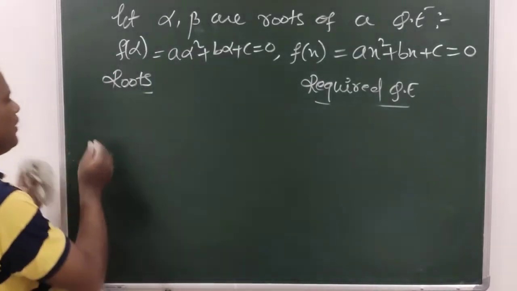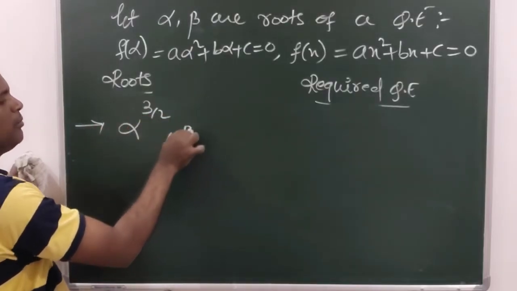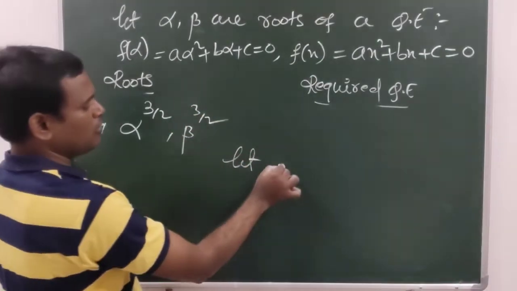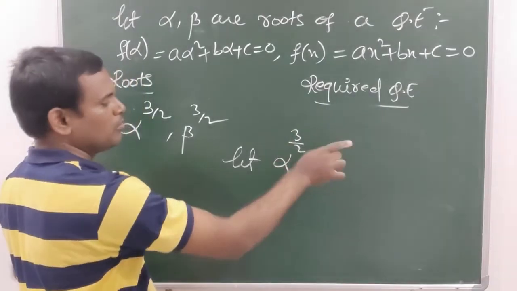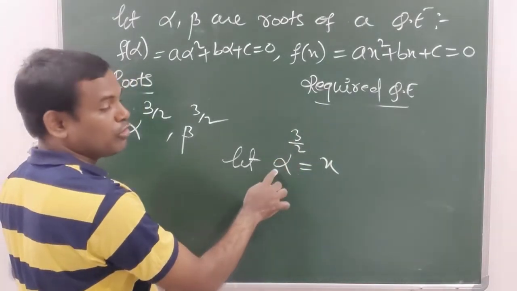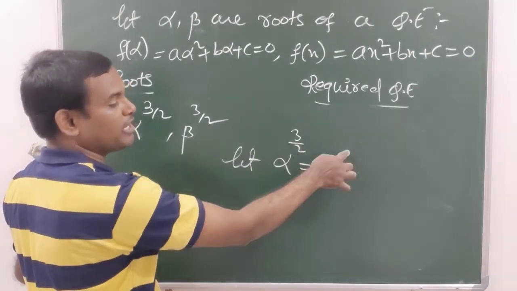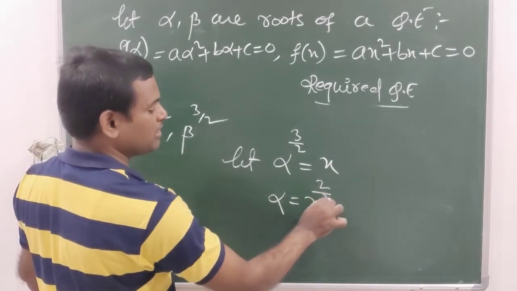Next, find a quadratic equation whose roots are alpha power 3 by 2, beta power 3 by 2. Then what do we do? Alpha power 3 by 2 is equal to x. Now we have to make alpha the subject, so this 3 by 2 you have to transfer to the right side. When it goes to the right side, x power 2 by 3 will come.